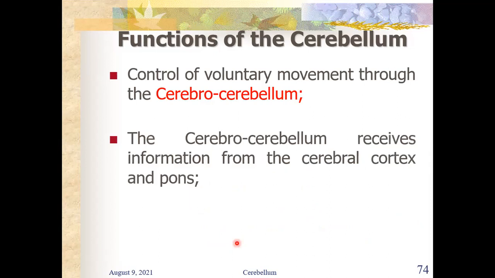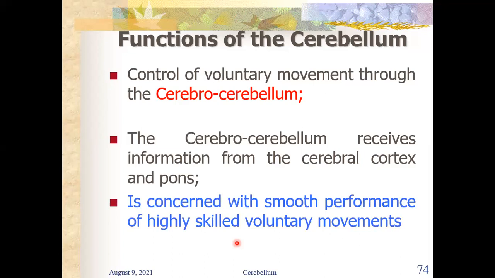Control of body movement is another function of the cerebellum, via the cerebrocerebellum. Now, the cerebrocerebellum, like we have seen already, receives information from the cerebral cortex. What are its functions?